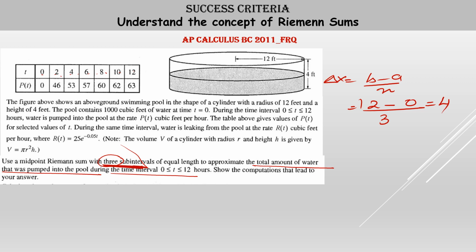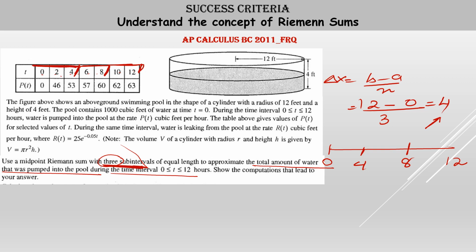When you have equal widths, you use that width. Now you have to use the midpoint formula. The first interval is 0 till 4, then 4 till 8 and 8 to 12, so you will have these rectangles.